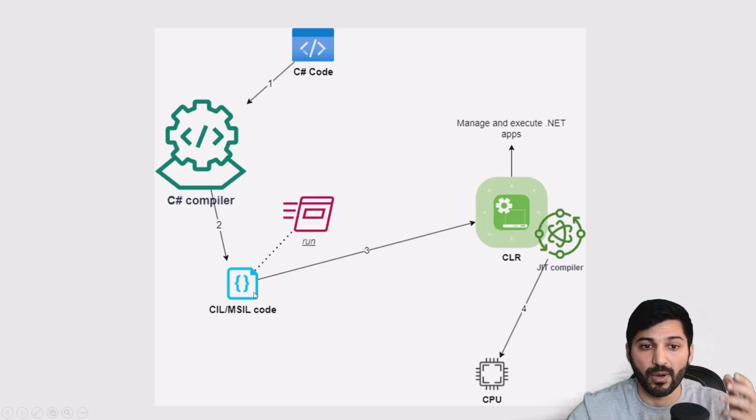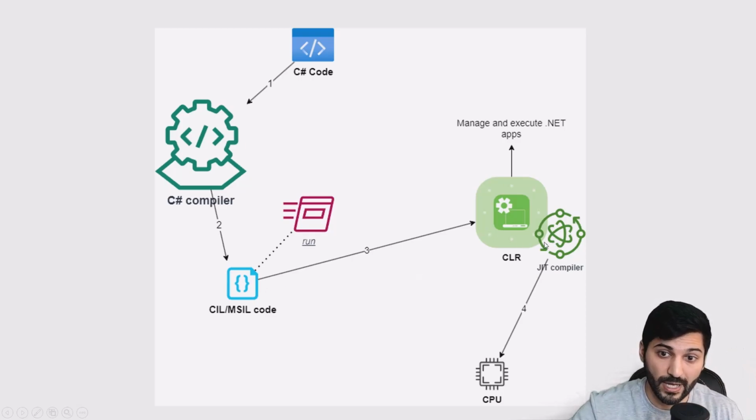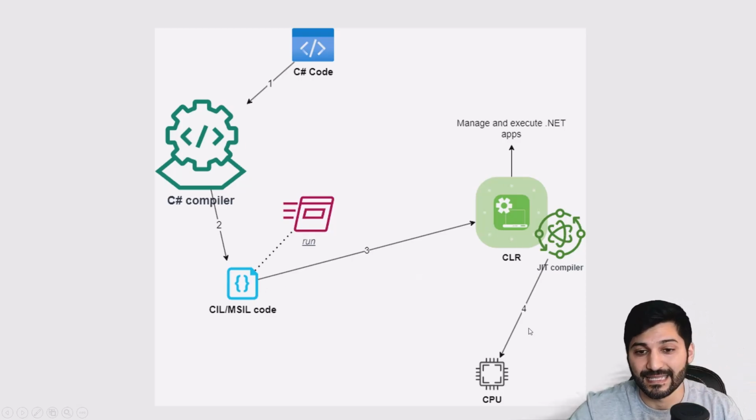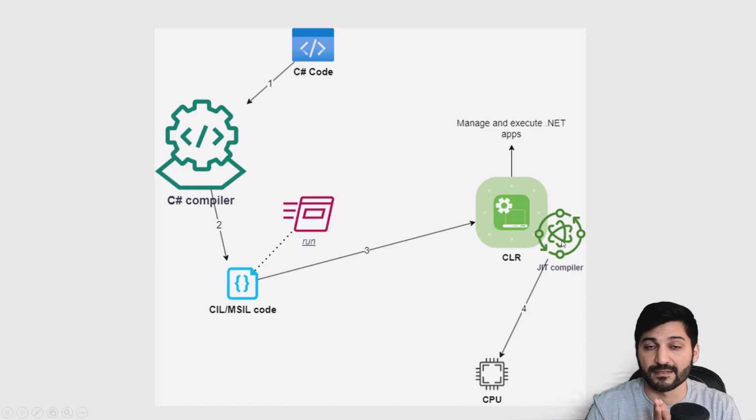Actually, our JIT compiler takes our intermediate language code we wrote before and compiles it to CPU instructions. Why JIT compiler? Because JIT compiler has optimization mechanism. It can optimize, and it is better than directly compiling code to CPU in most cases. Okay, that's how we are dealing with compilation process.